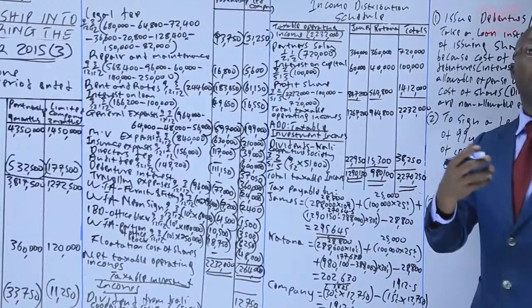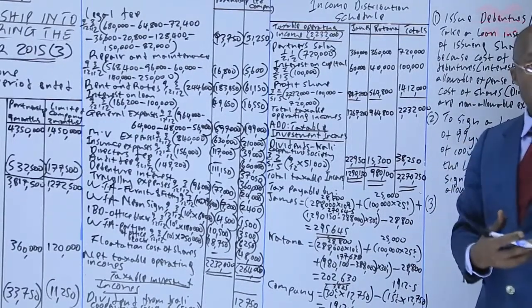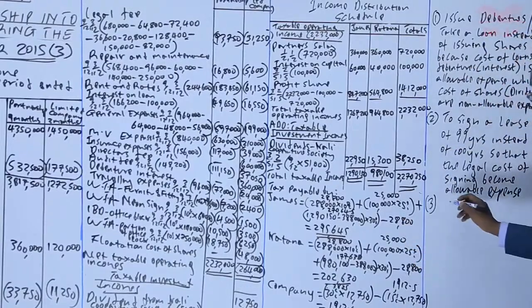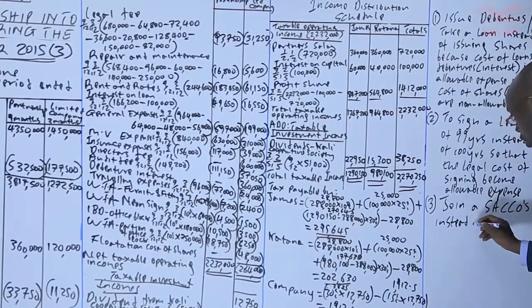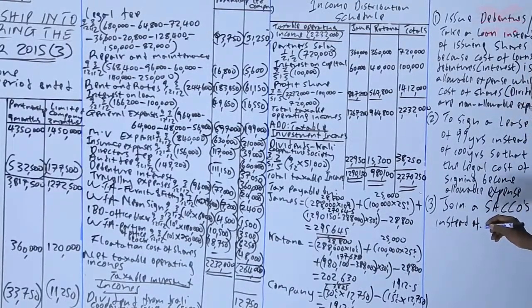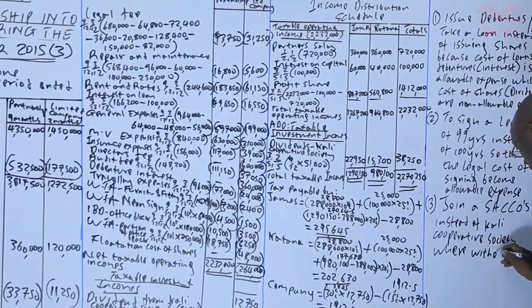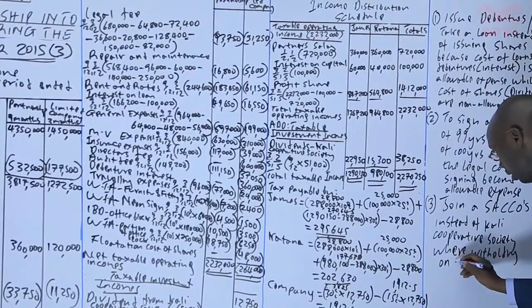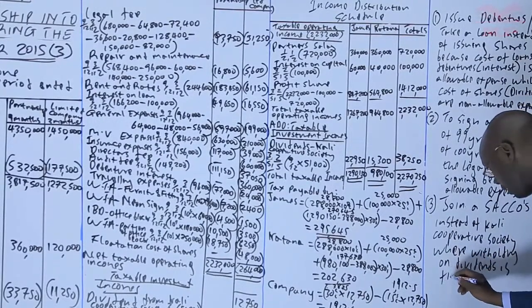Instead, they should join a SACCO, a Savings and Credit Cooperative Society, where SACCO dividend is a qualifying dividend and withholding tax is final, instead of the Carry Cooperative Society, where withholding tax on dividend is not final tax.